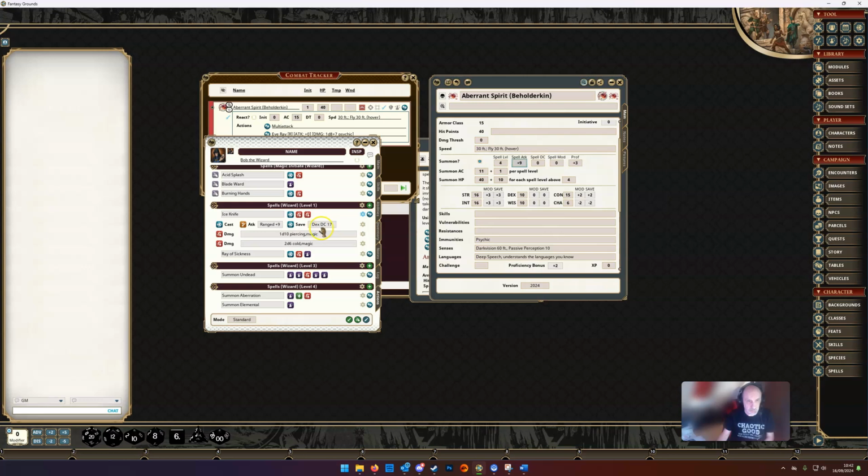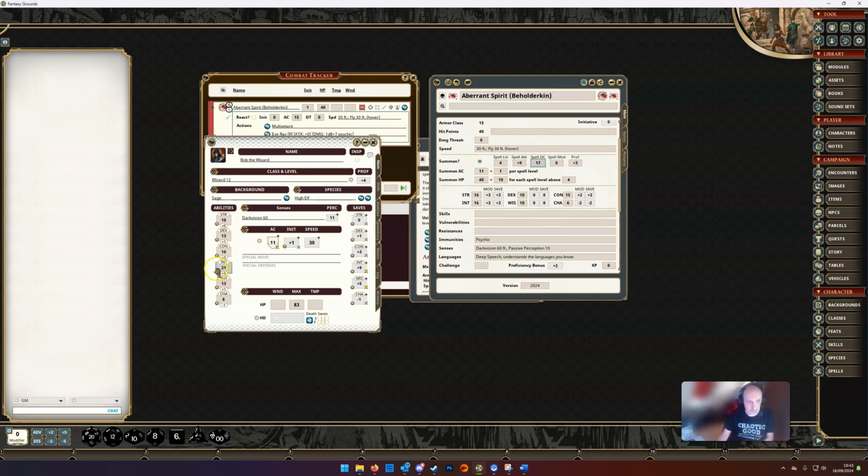We know that his spell DC is 17, so we can put that into this box here, and the spell modifier is of course a spellcasting modifier. If we switch over here, we can see that he's got an intelligence of 21, so his spell modifier is 5. So we can fill all of these things in. We can leave everything else in here because we're casting this at level 4.